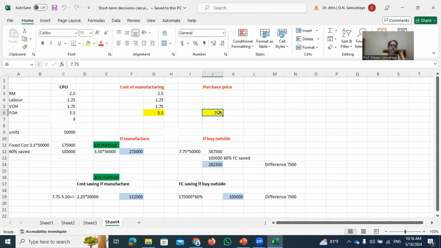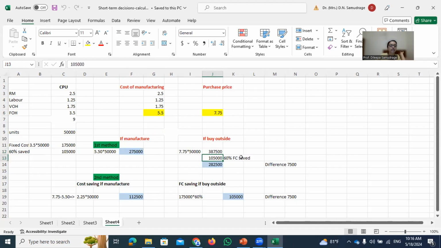Purchase price is 7.75. So if you manufacture, the first method says 5.5 into 50,000, 275,000, right? Then if you buy it from outside, you have to pay 7.75 for 50,000. This is one. And also, if you buy it from outside, you can save 60% of your fixed cost, right? So this is the saving.